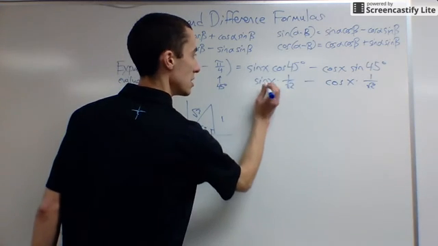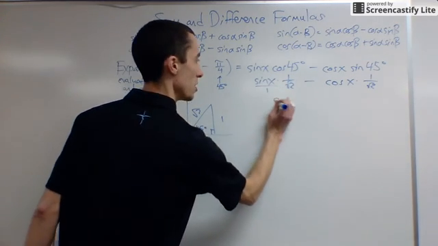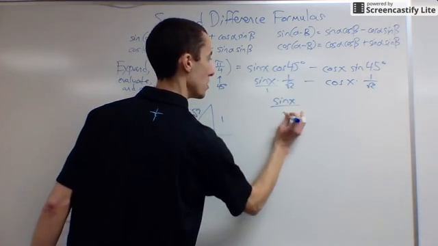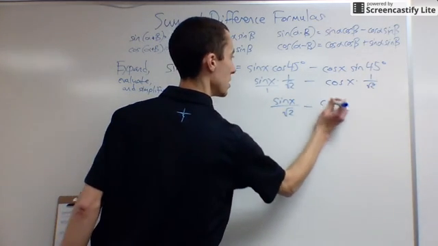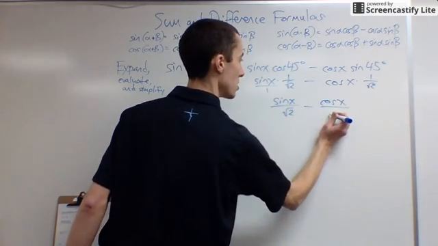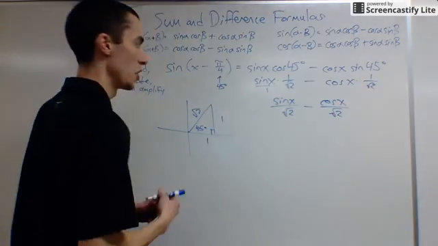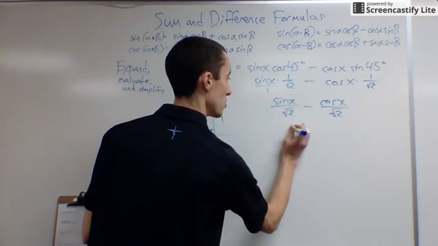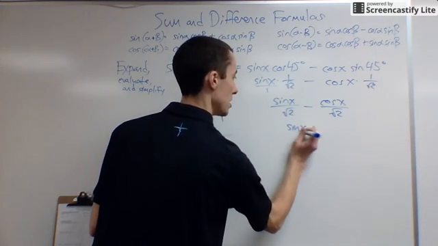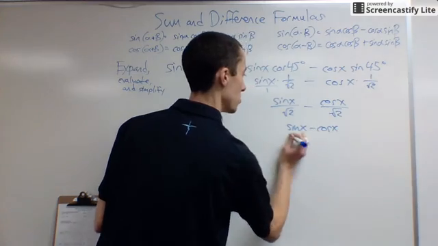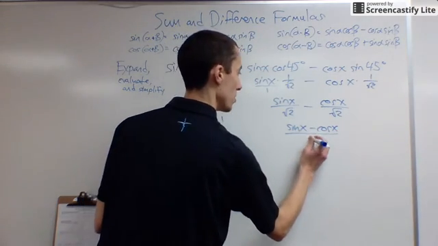Multiplying sine times 1 is sine over root 2. Cosine over root 2. We've got a common denominator, so let's subtract the fractions. Sine of x minus cosine of x over root 2.